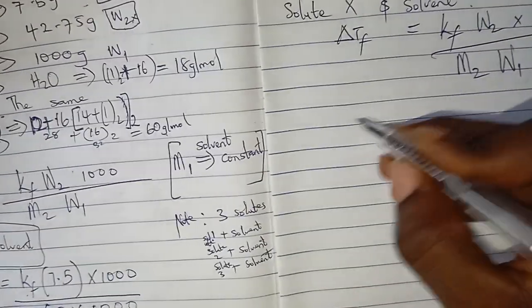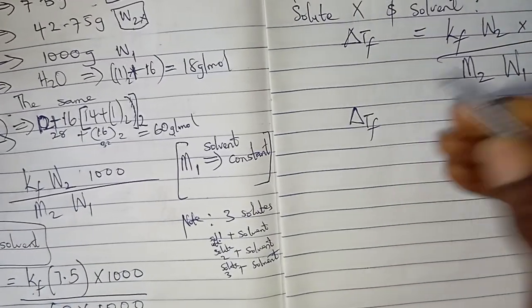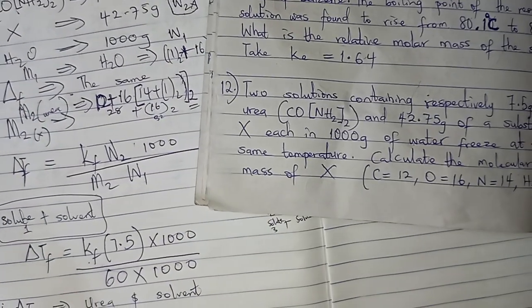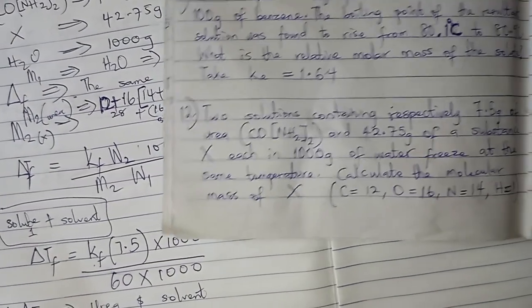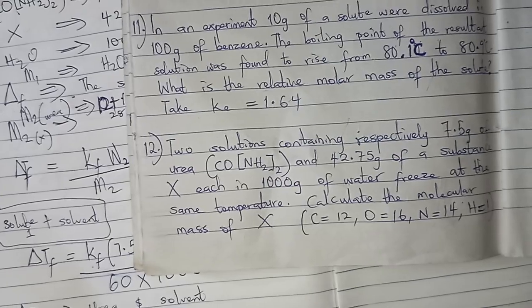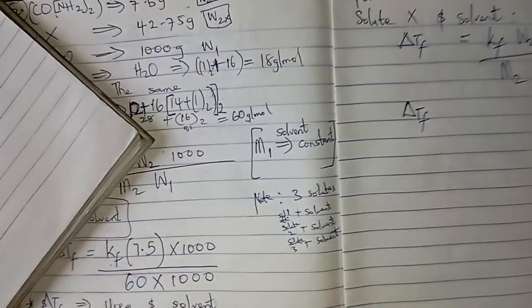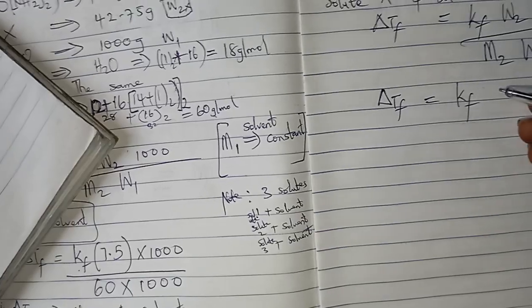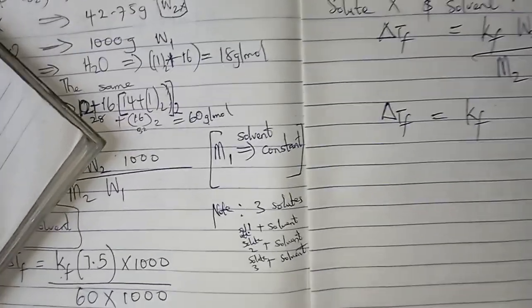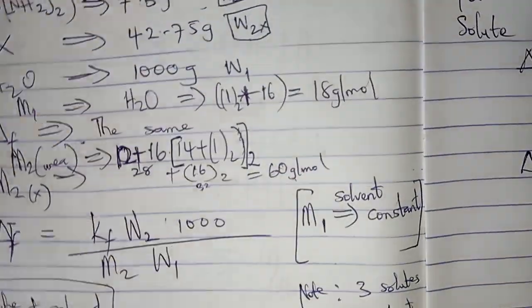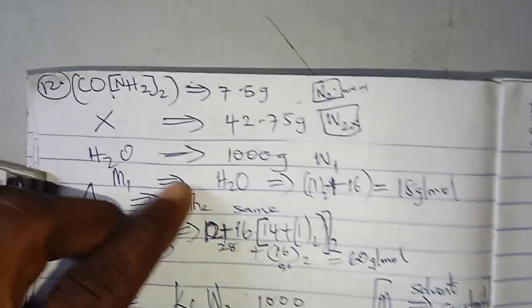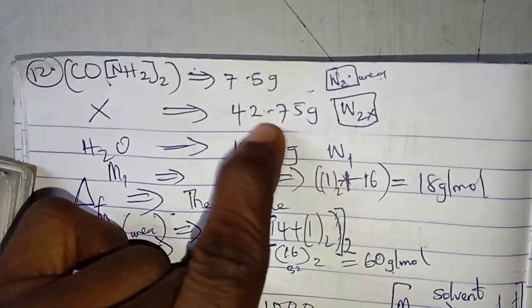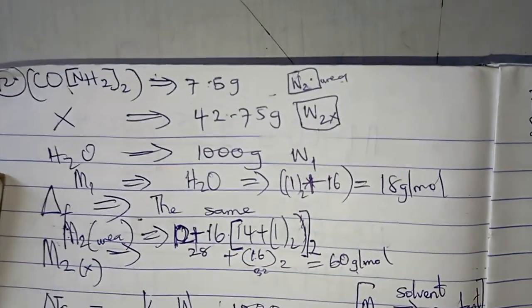This is going to be the change in TF. They said they freeze at the same temperature, but they did not give us the temperature. So I will have Kf W2. This time it is that of solute X, and the weight there is 42.75.